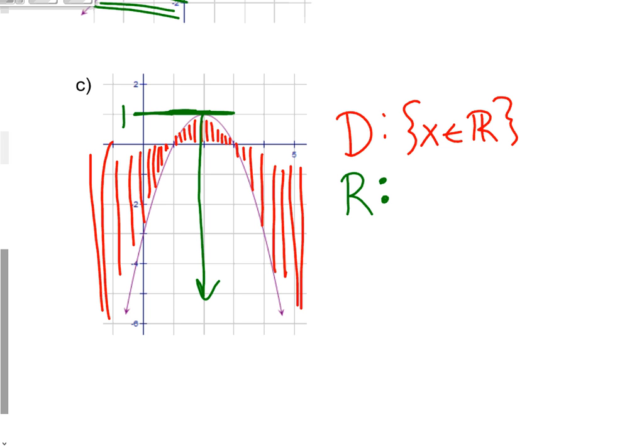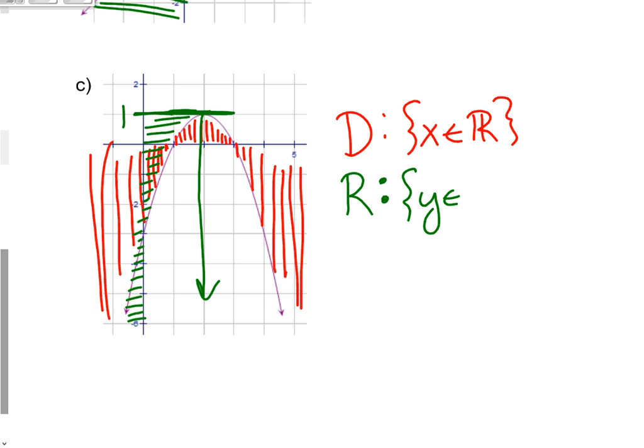So if I was looking for y values, my highest number could be a 1, but then all the rest of my y values, if I just start shading over here to my y-axis, you can see that they're all 1 or lower. For example, I would never get an output of the number 2 because my graph never actually reaches a 2 on my y-axis. So we're going to have to write this to show it.